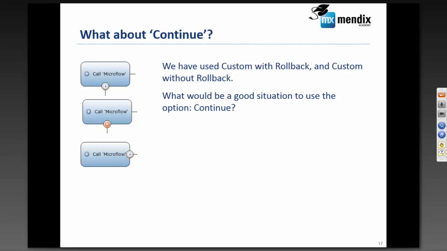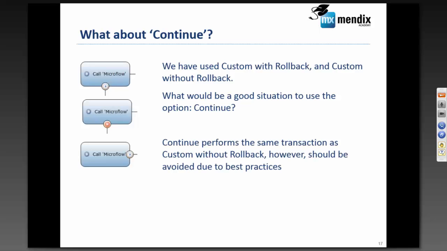As we've gone through those examples, we've looked at the custom with rollback, the custom without rollback. I like to reiterate what's a good situation to use continue. Really, we don't want to use continue if we don't have to. Like I said, it's like a big try-catch, and you're putting more into the catch than you really should be.